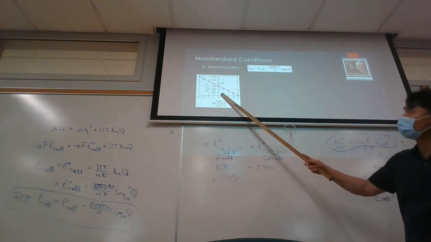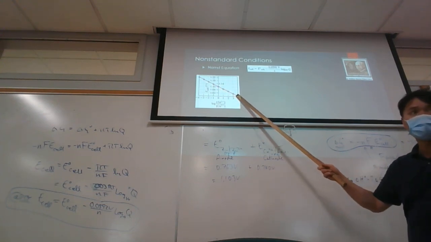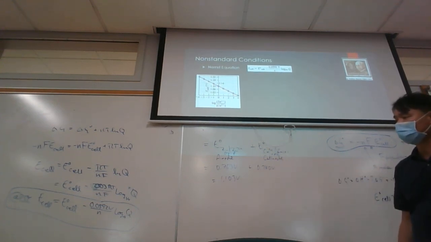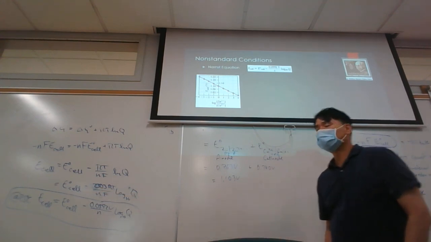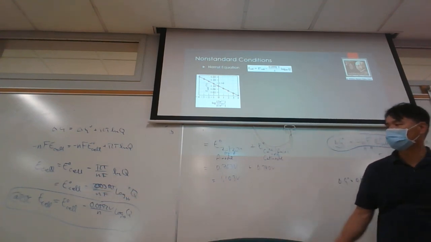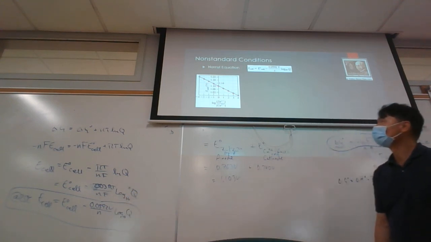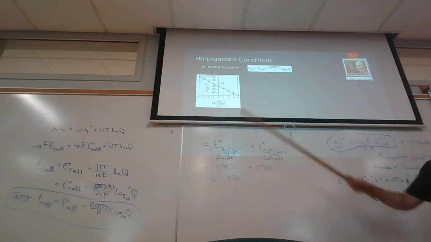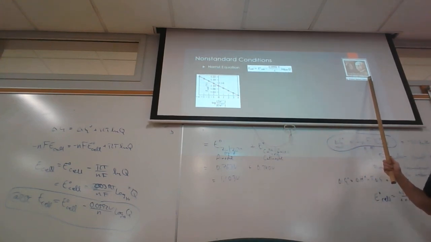So if we start off under standard conditions here, what's going to happen is the voltage is going to decrease. 2.303 is used just to convert natural log into log base 10. And so we can see the cell potential decreases. This is the Nernst equation.